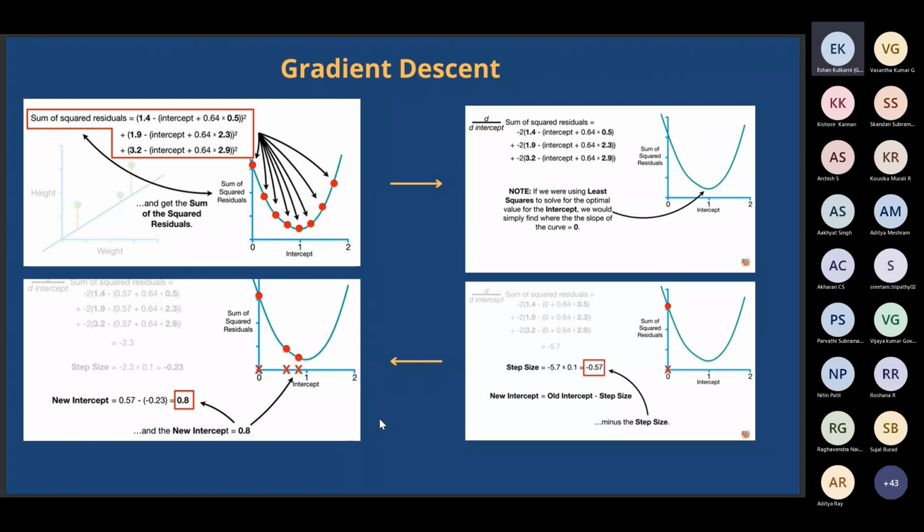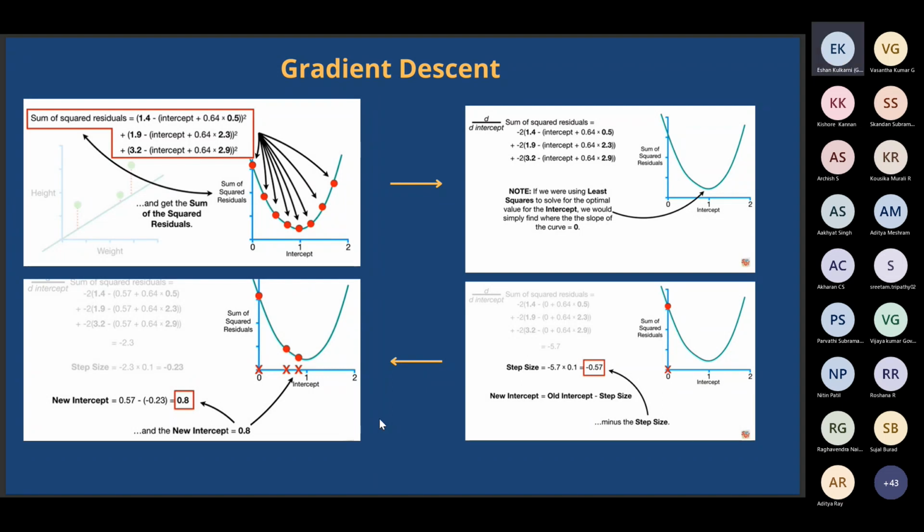That is the actual height, 1.4, minus the predicted height. And the predicted height we get by taking some random line initially. The intercept is the variable, and initially we can assign any value to it. So let's say initially we assign the value 0 to it.